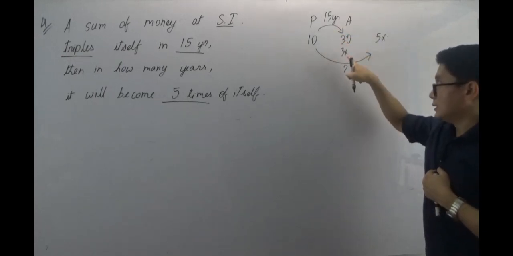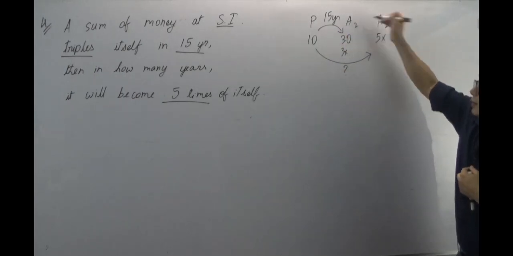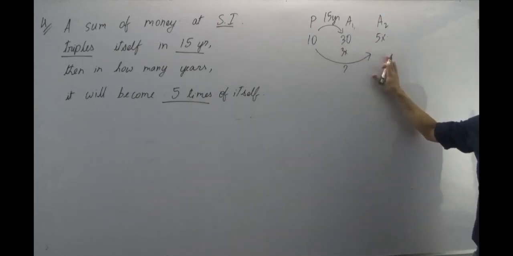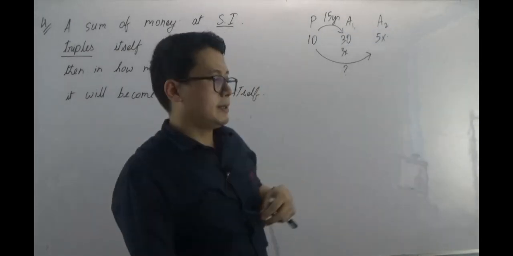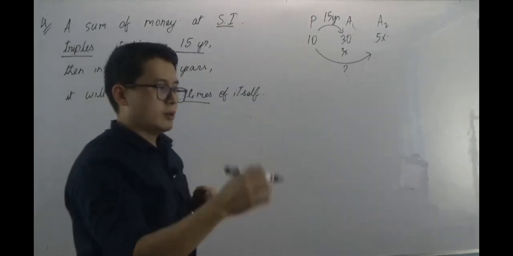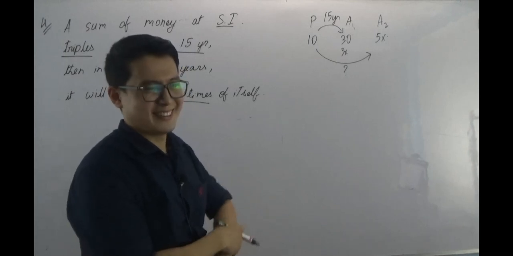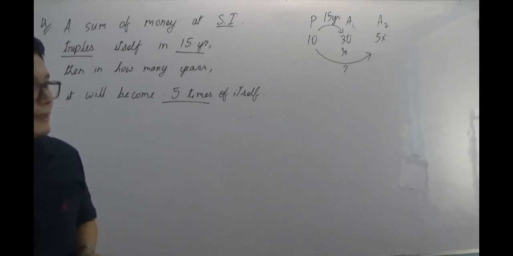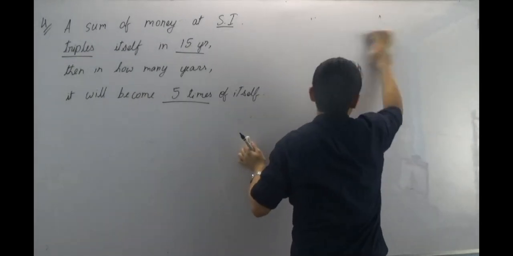The new amount says 5 times, so again we have PRT by 100. This is not a progression, not a geometric progression.